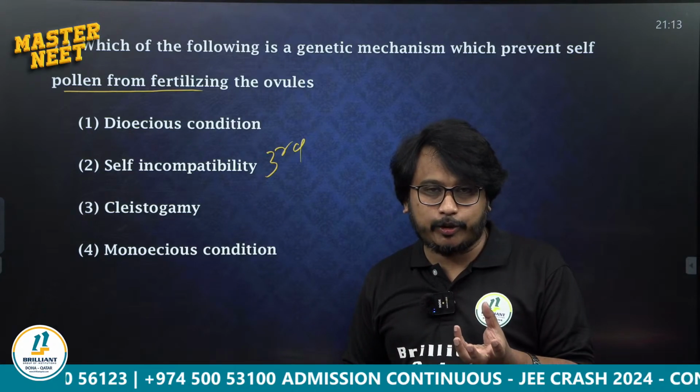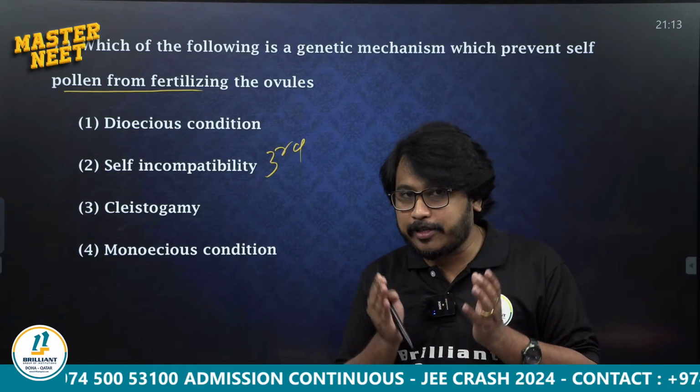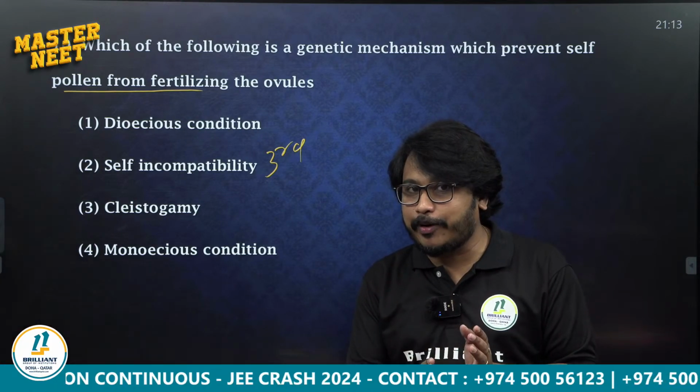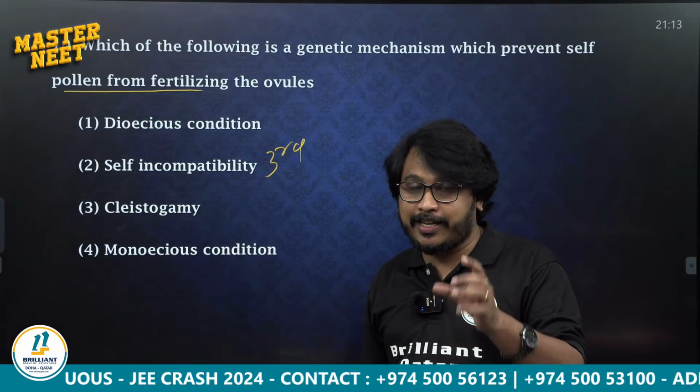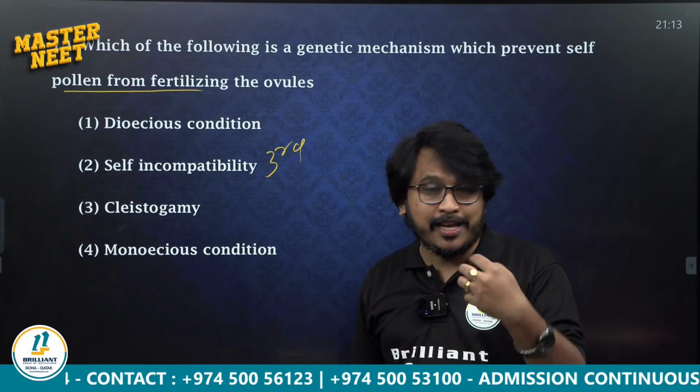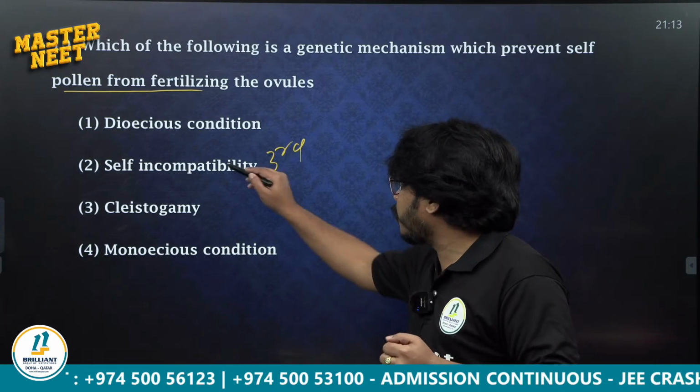If the flower is bisexual and pollen release and stigma receptivity are synchronized, then the only mechanism that can prevent self-pollination is self-incompatibility, the genetic mechanism. They will not accept their own pollen falling on the stigma. So that is the answer.